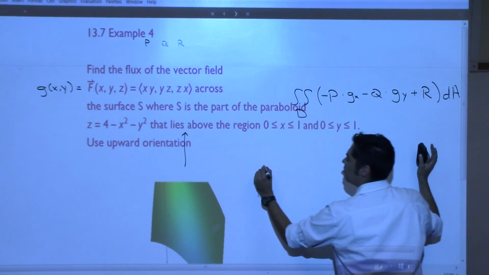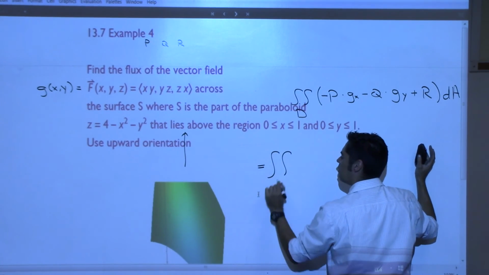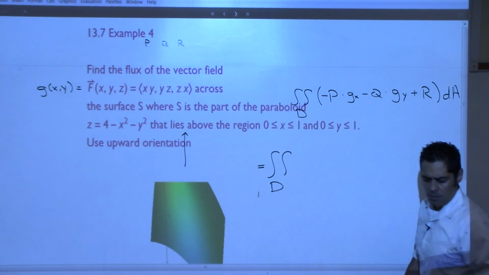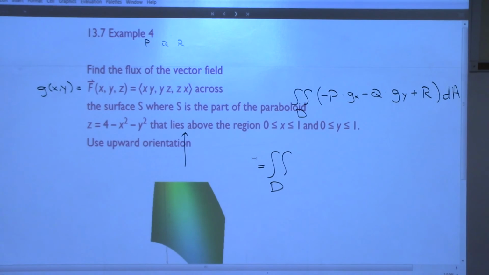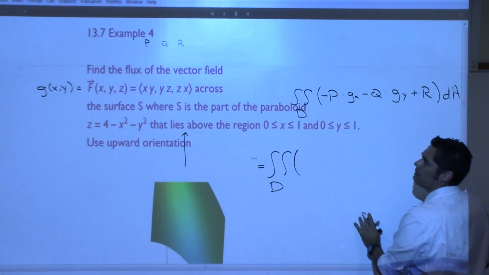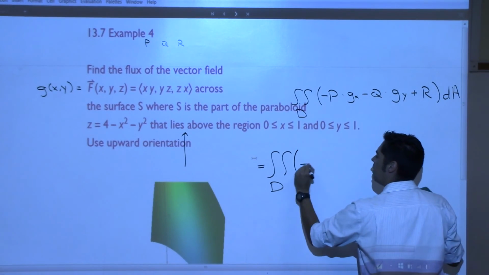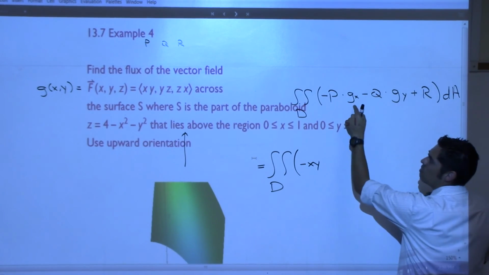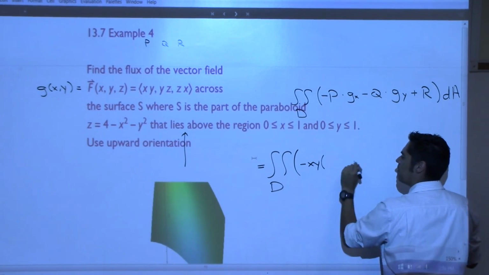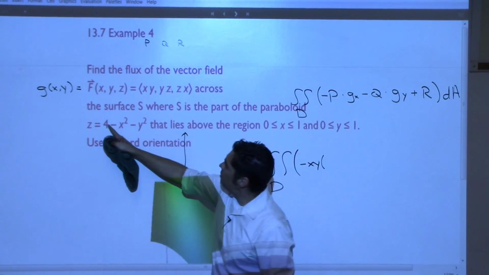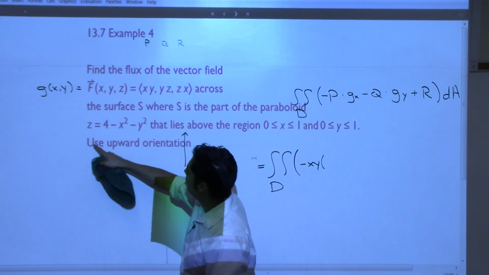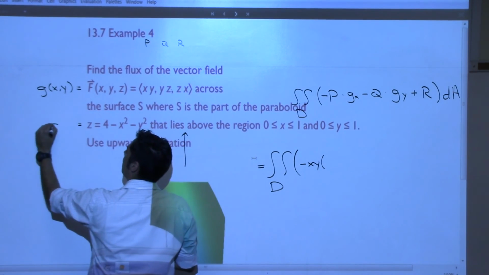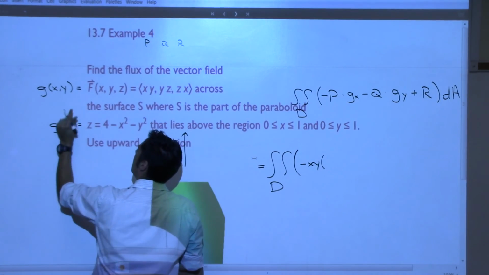which will be equal to double integral over D. What's negative P? Negative xy times partial of g with respect to x. I'm sorry, I'm a little off here. Here's my g. What's my partial of g with respect to x?